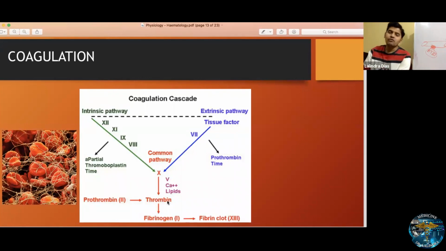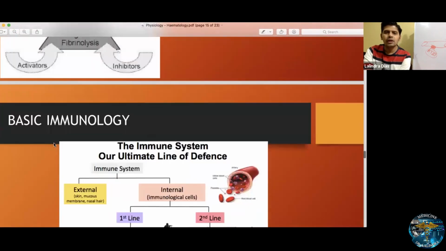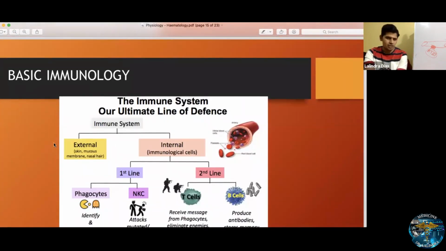Thrombin converts fibrinogen into a fibrin clot. This is the final fibrin clot. Inside that, platelets adhere, start secreting, and then aggregate, and they will nicely seal off this defect. Right. So that's the end of the physiology of hematology.